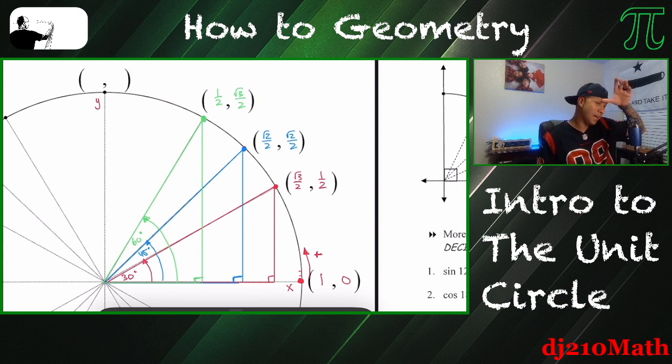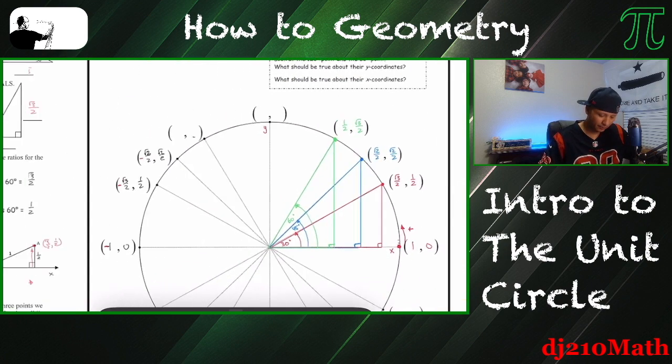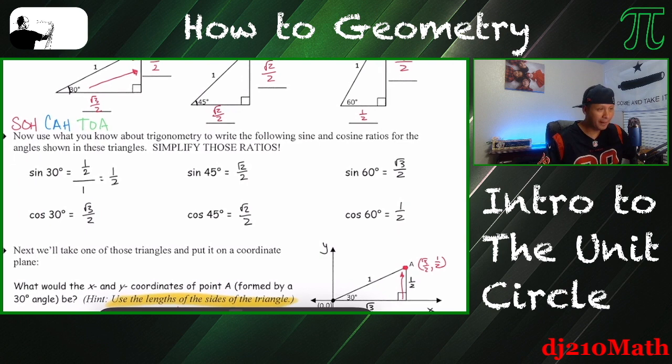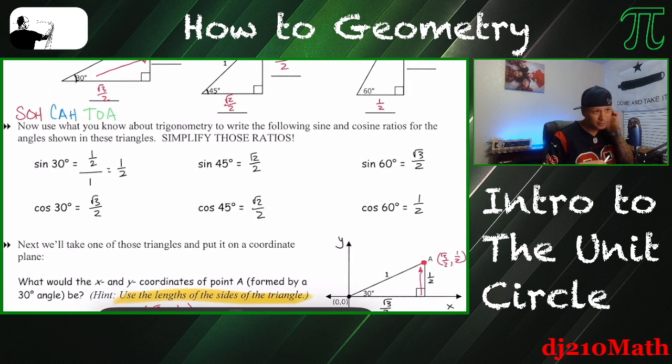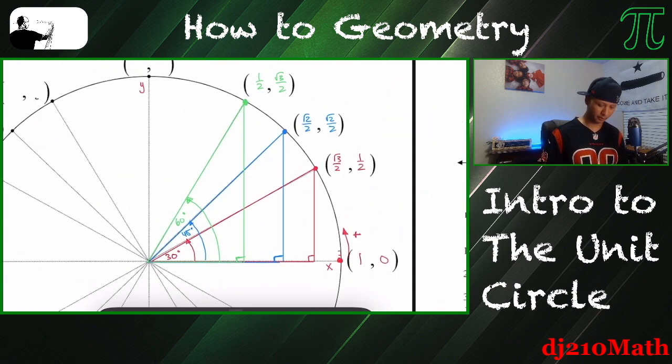So what's happening is that these increments, or these lines on the unit circle, are the most common, most known angles. It's because 30, 45, and 60, sine and cosine, are easily attainable, that we can put them on the unit circle as such.